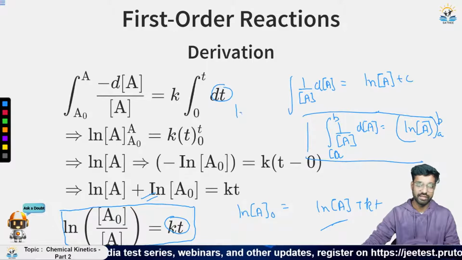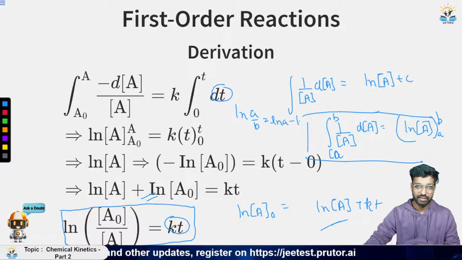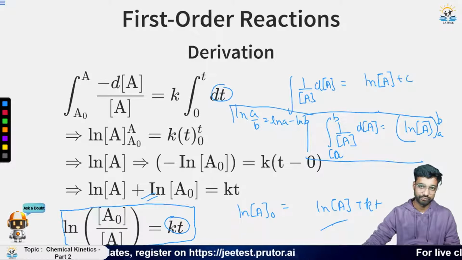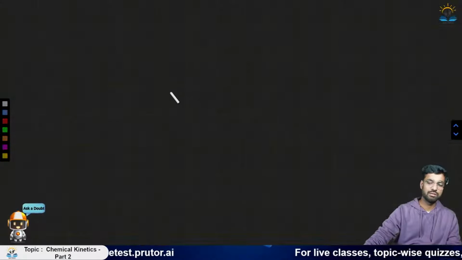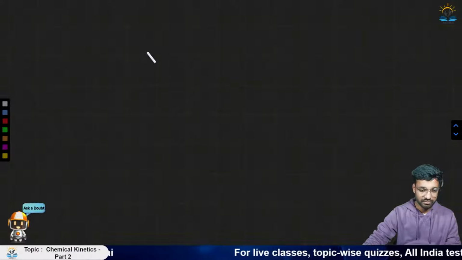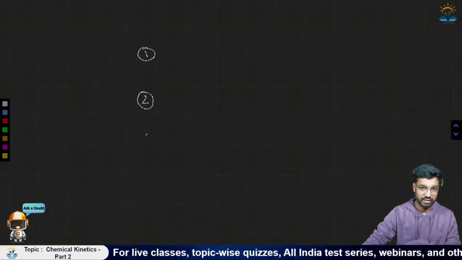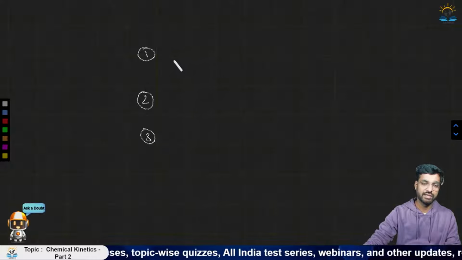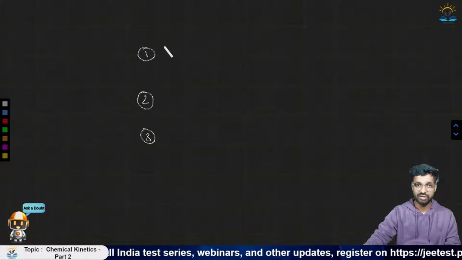This uses the property that ln a by b equals ln a minus ln b. If you are not aware of the properties of ln, let me tell you in short. There are basically three properties that are used always in chemistry, whether it is ionic equilibrium, chemical equilibrium, or chemical kinetics.